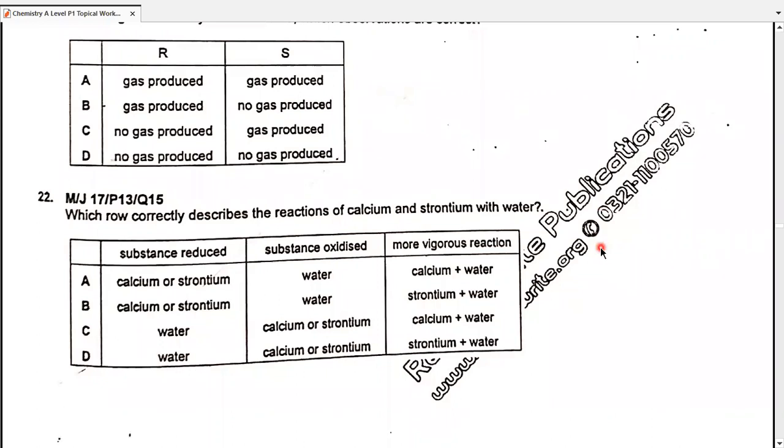Which row correctly describes the reactions of calcium and strontium with water? Substance reduced, substance oxidized, more vigorous reaction. Activity decreases down the group.